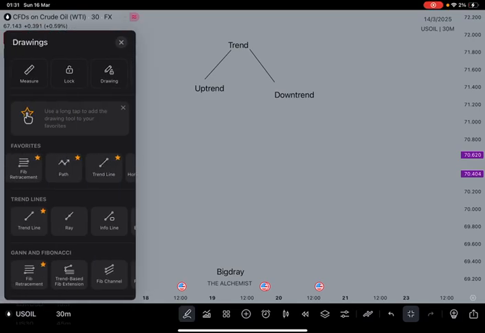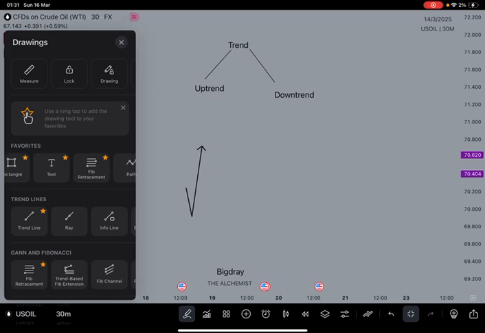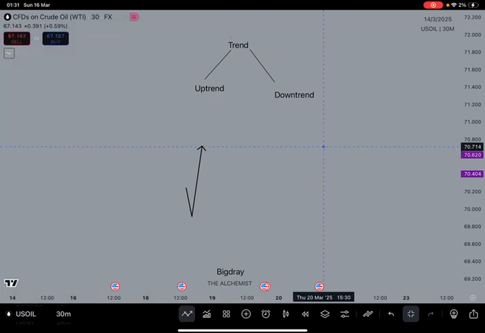In the uptrend scenario, we have something like this: a bearish candle, and like this. We have this in uptrend, and we have this in downtrend.